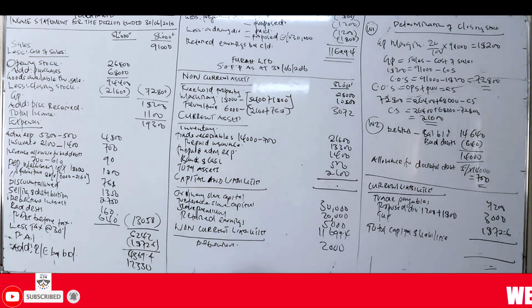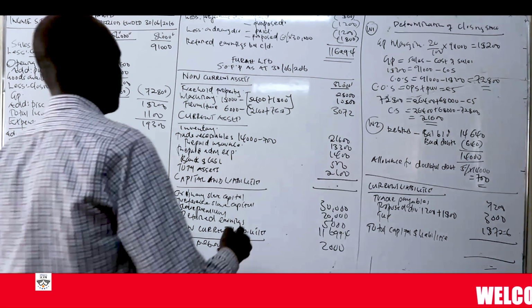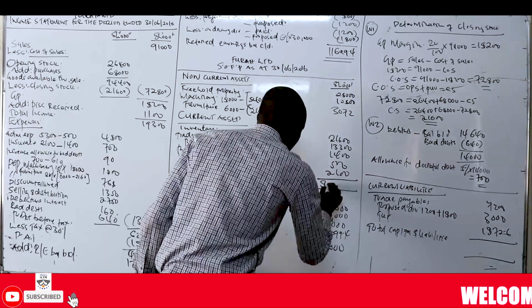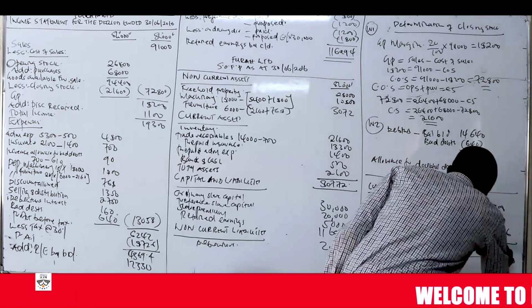Imebalance. Ngapi? 8,770. Hata hapa 8,772. Sasa. So tumefanya hizo swali.